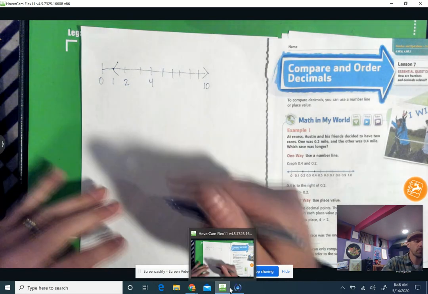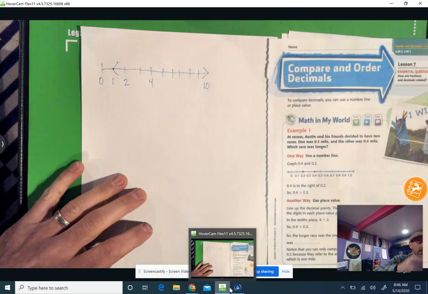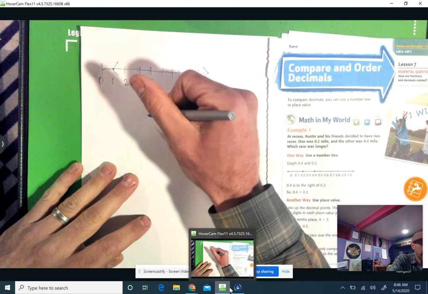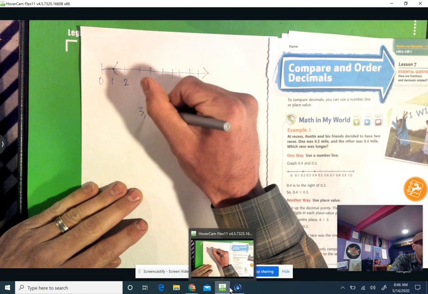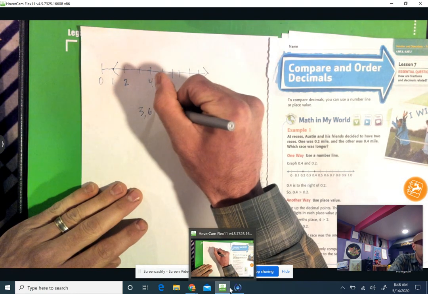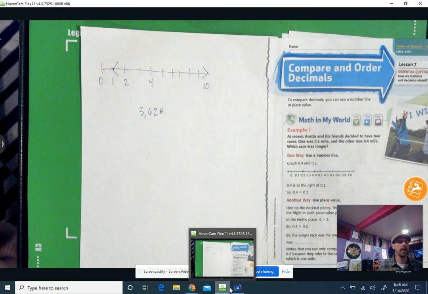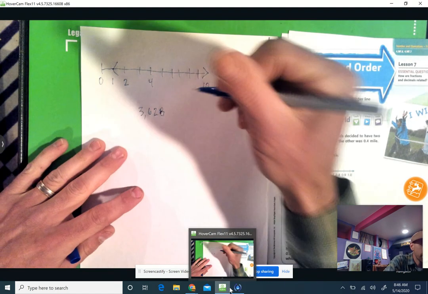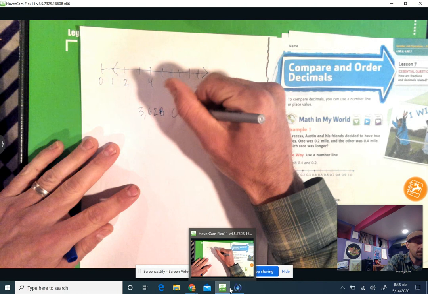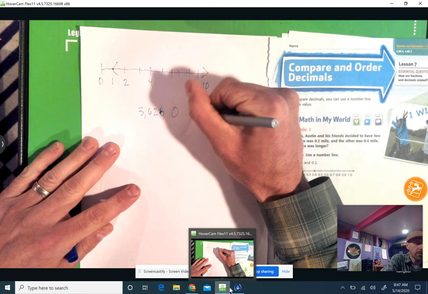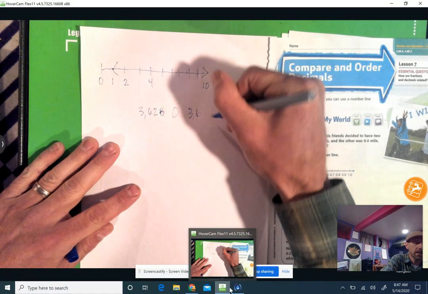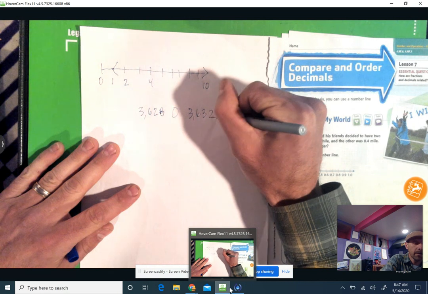Another way that we compare numbers is using place value. So let's dive into a larger number here. Let's dive into 3,628, and let's dive into 3,632.